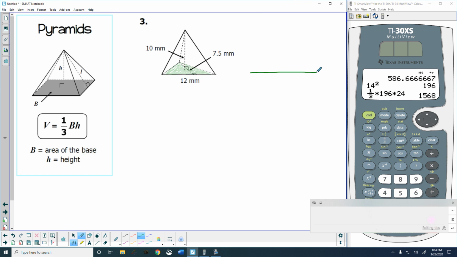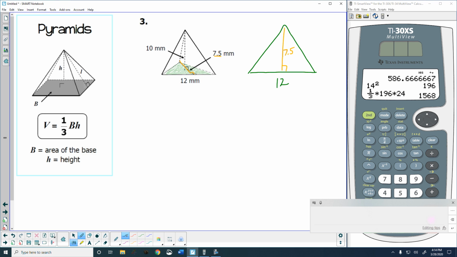It has a base of 12, and if I was looking straight on at that base, the triangle base has a height of 7.5 millimeters.